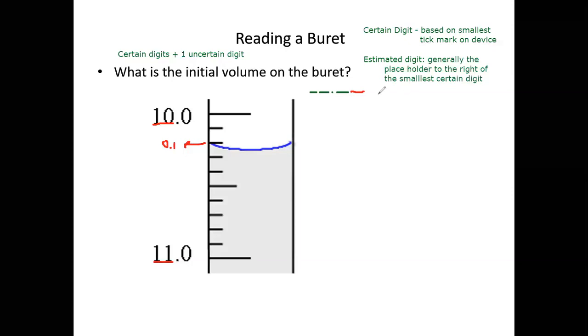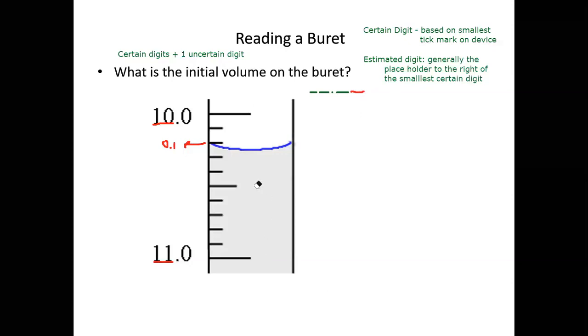So generally, once you find the smallest certain digit, then the placeholder to the right of it is the estimated digit. So when we're reading this Buret, the smallest certain digit is the tenths place. The estimated digit is the hundredths place.